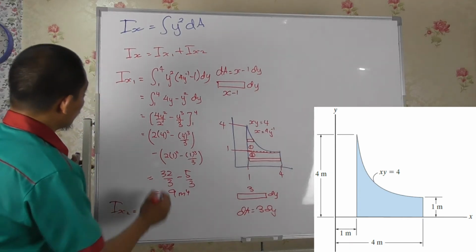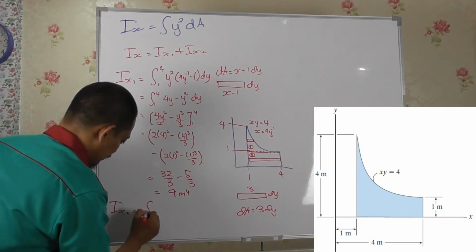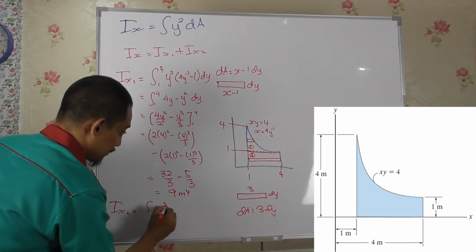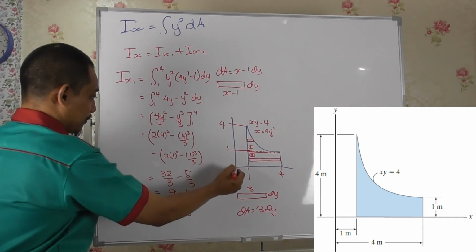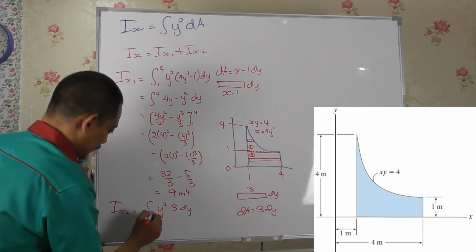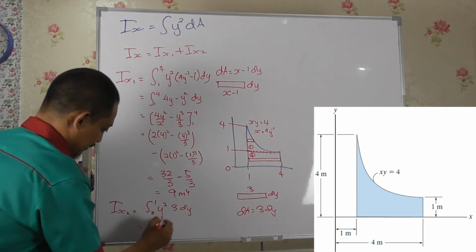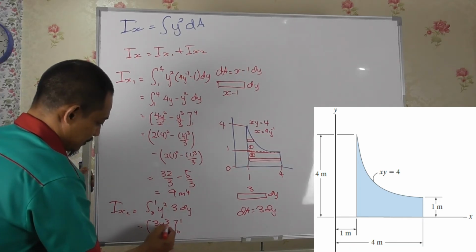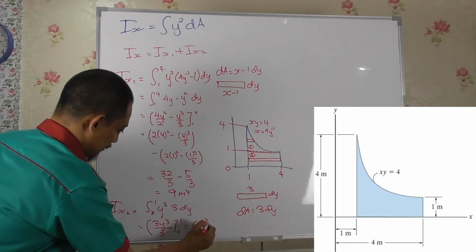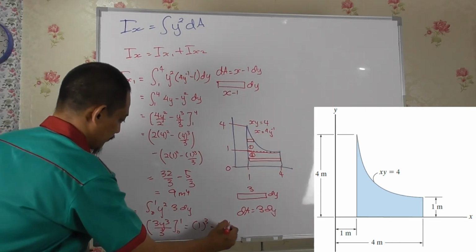If you plug in there, integration of y squared times 3 dy. What is the limit? From 0 to 1, that's the region. So if you integrate this, you have 3y cubed over 3 from 0 to 1. This cancels, becomes 1 to the power of 3, becomes 1 meter to the power 4.